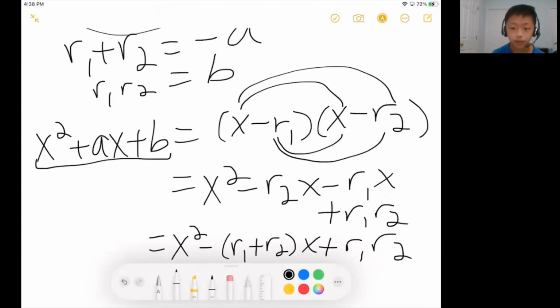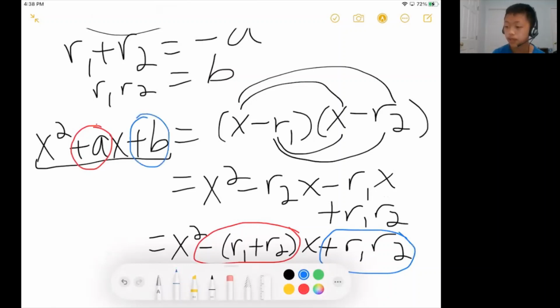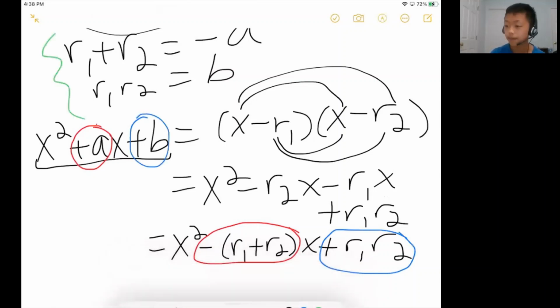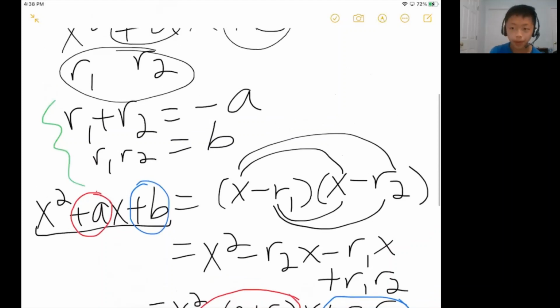That's how we derive the formula, because now we can compare coefficients. Negative (R1 plus R2) has to correspond to plus a, and R1 R2 has to correspond to plus b, which is how we got these formulas up top. Those are what we call Vieta's formulas.